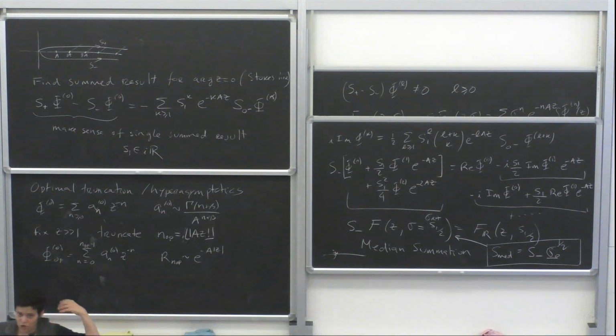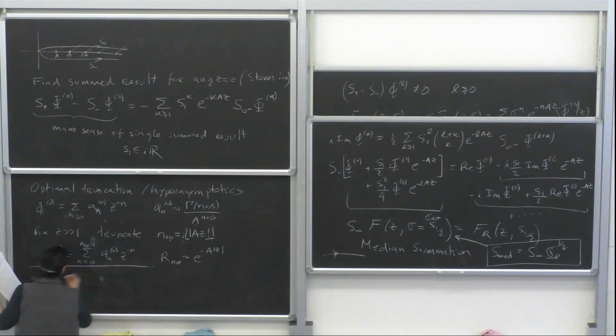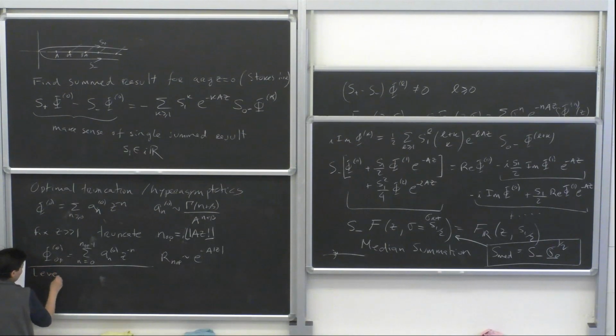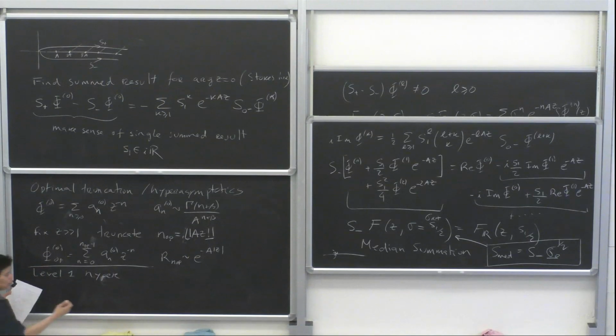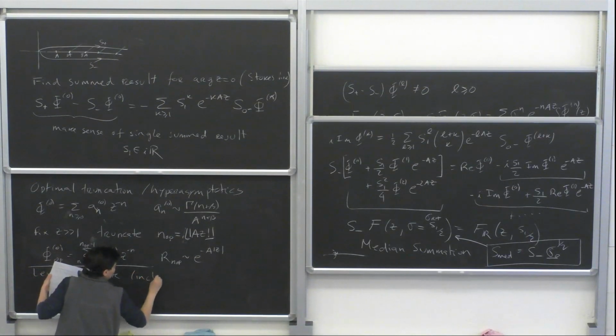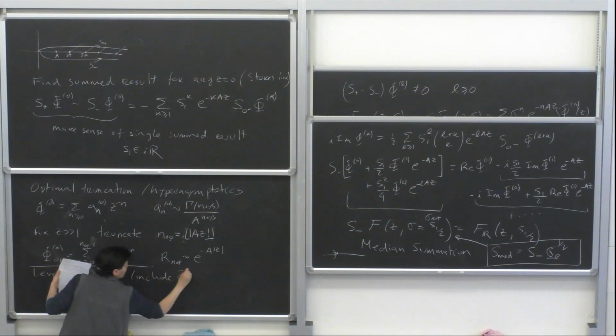You can check what the next order gives and what the optimal points of truncating your series are, such that you get, again, a minimal error. So what I'm going to talk about is what's called level 1 hyperasymptotics, just briefly, which means to include phi 1.